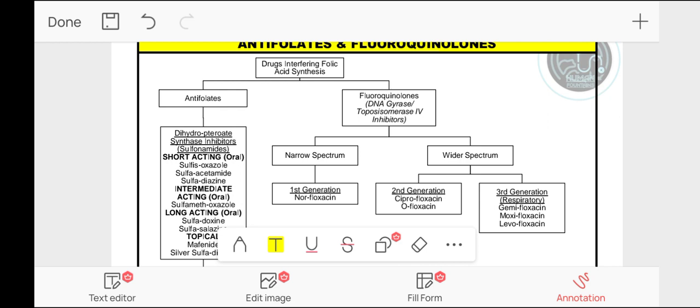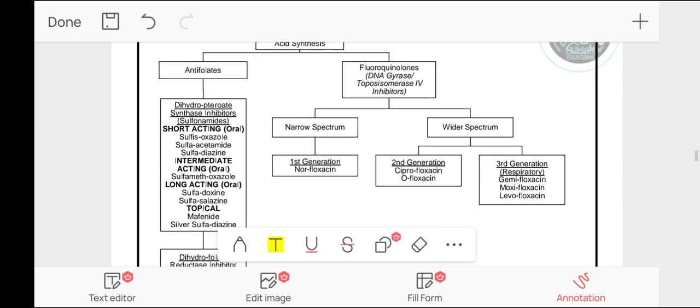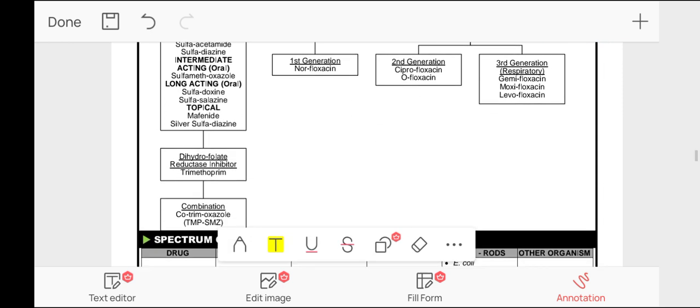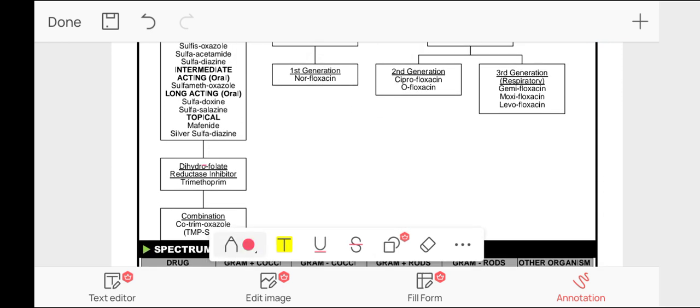anti-metabolite drugs. Starting from sulfonamide, the sulfonamides are weakly acidic compounds, while trimethoprim is not weakly acidic, it is a weak base. We have to study two important drugs, trimethoprim and sulfamethoxazole.